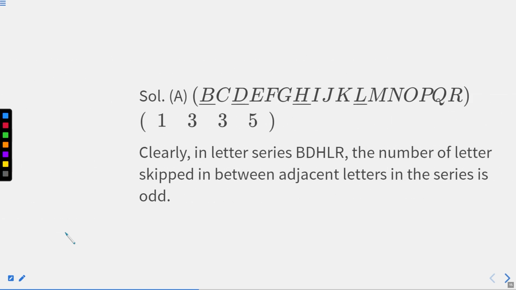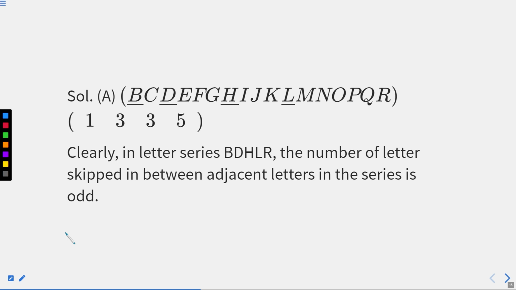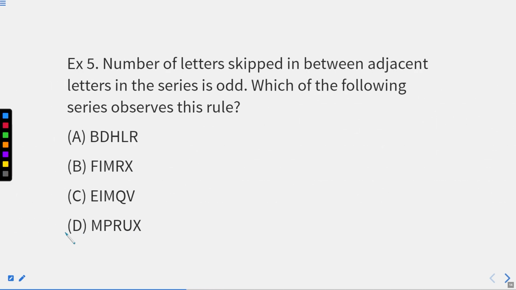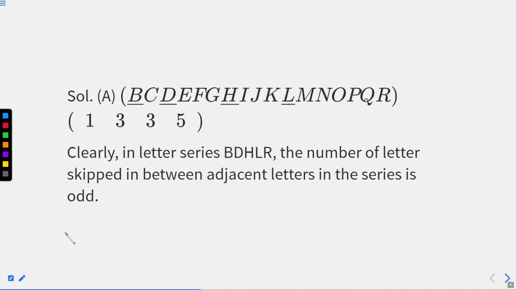So if we check the complete series, as per the alphabetical series we have B, C, D, E and so on till R, and between B and D we have one letter, that is C, between D and H we have 3 letters, between H and L we have 3 letters, and between L and the last letter R we have 5 letters.